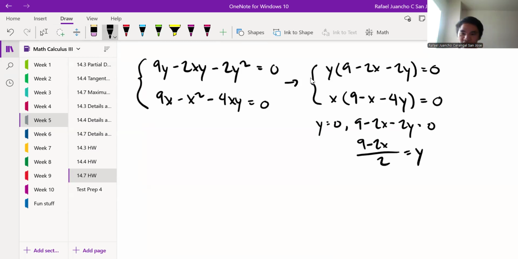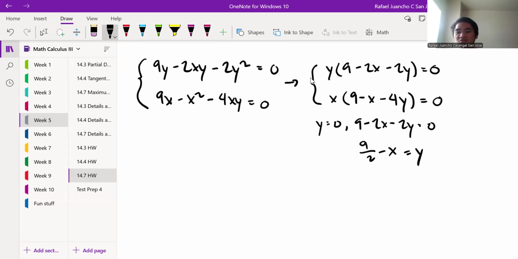Then I get 9 over 2 minus x is equal to y. Right? So I have these two things.